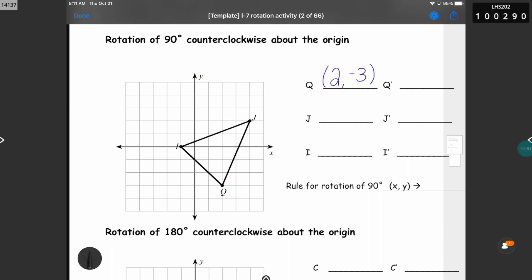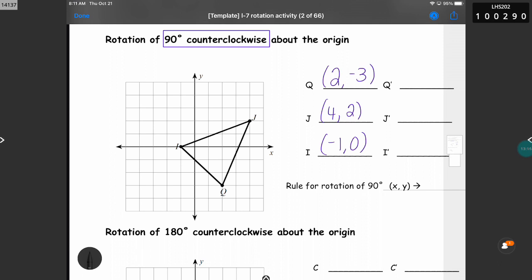I want you to draw your X and your Y axis, draw your figure, and rotate this figure 90 degrees counterclockwise to come up with what our new points will be. And I'll give you the points that you already had. 2, -3, 4, 2, and -1, 0.